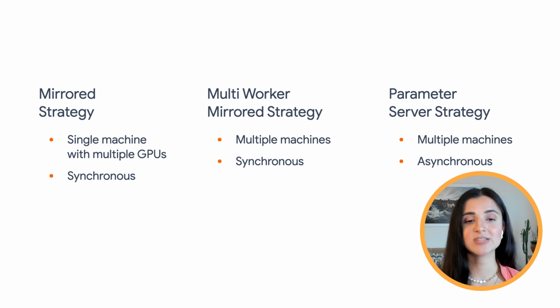Lastly, we looked at parameter server strategy, which you can also use when you want to distribute training across multiple machines in a cluster. Variables are not mirrored across the workers. Instead, they're stored on parameter servers. Workers independently fetch the latest variables from the parameter servers, compute the forward and backward paths on a slice of the training data, and send the gradients back to the parameter servers in an asynchronous fashion.